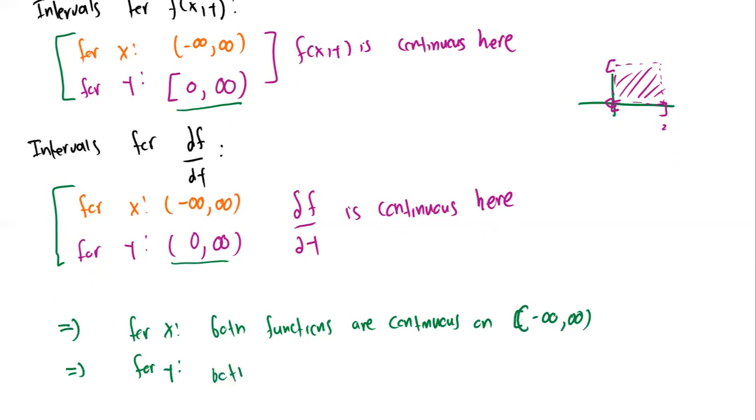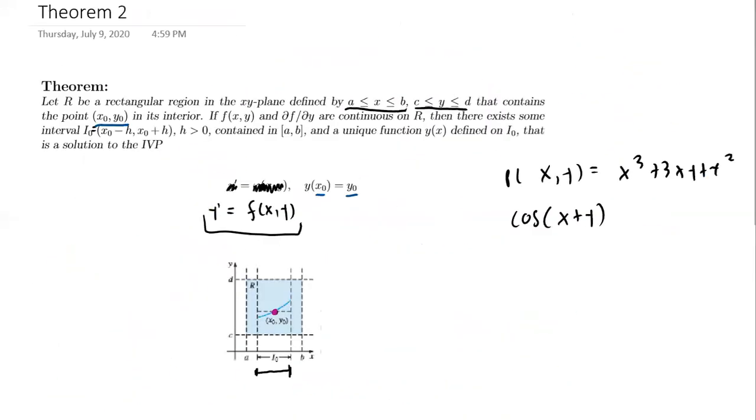So both functions are continuous now that we've found our intervals about x and about y. What do we need? Let's see what the theorem says. Once we found this region R in the plane, for us our square is like an infinite square because both of the sides are infinitely long.